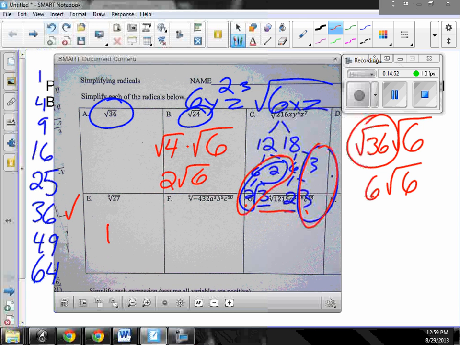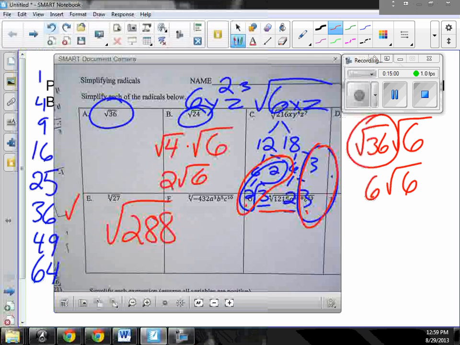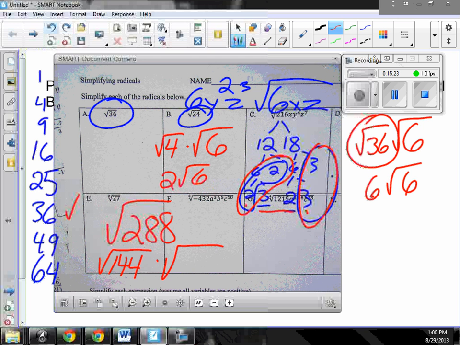If we were to look at the square root of 288, what's the biggest perfect square that you can see inside of 288? Here's a hint, divide it by 2. What's 288 divided by 2? 144. Is that a perfect square? So if we split this into the square root of 144 times the square root, what's left? 2.